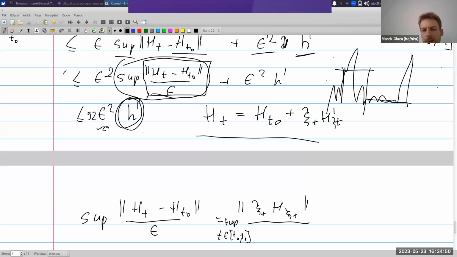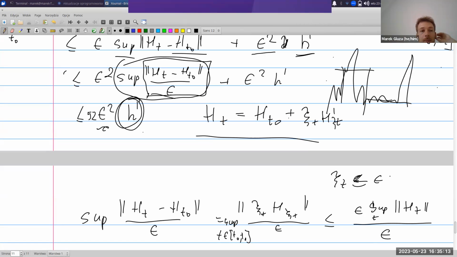It's maybe better to set t0 to 0 for all those f of 0 expansions. Epsilon here. But this is smaller or equal than taking epsilon, and then supremum here over t h, and I can relabel the psi t variable and psi, because psi t is always smaller or equal to epsilon. So we get a nice bound here.